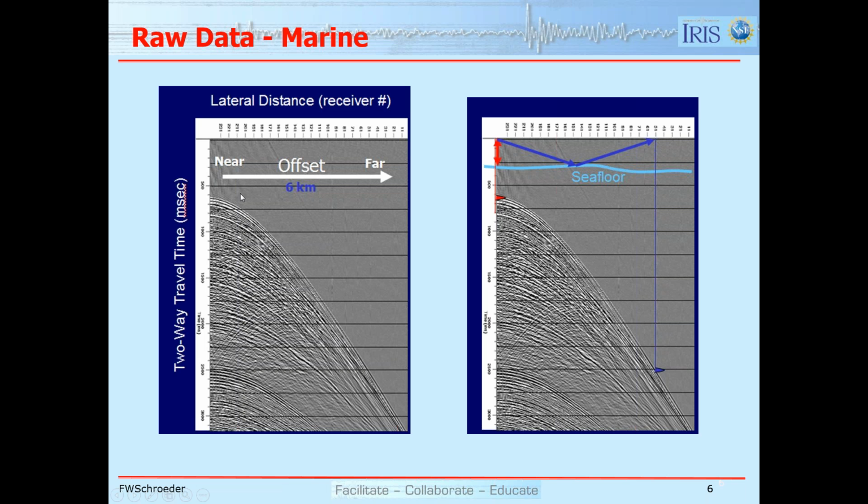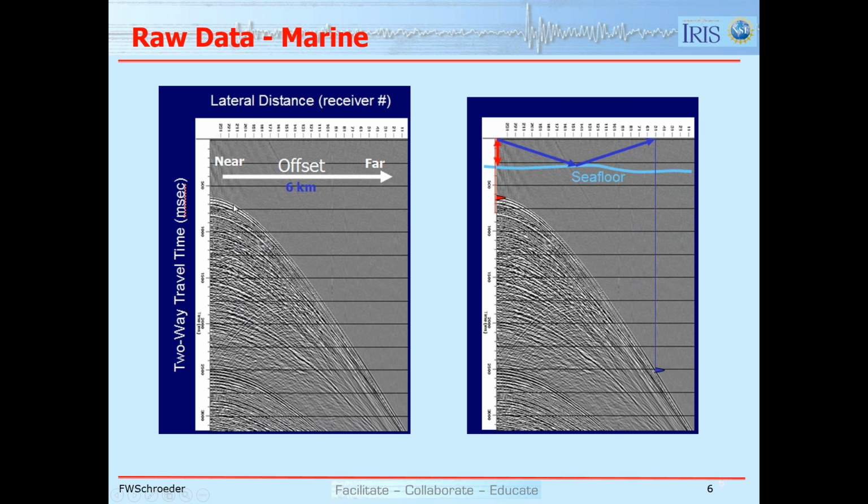This slide shows a field record. This is data that is collected. This is a marine case. On the axis here, we go from close to the boat to far from the boat. In this case, it's a 6-kilometer long cable.